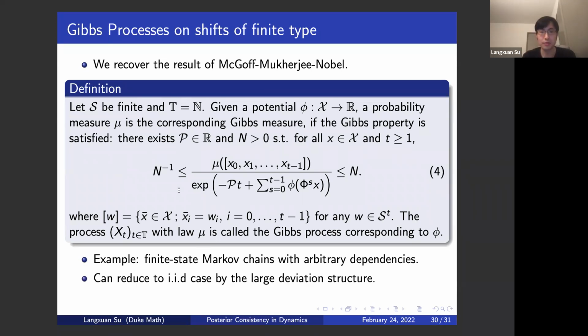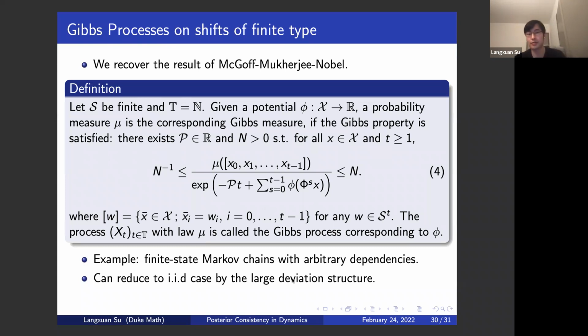So what we did in this case: in the previous case, for the hypermixing processes, we directly proved the large deviation principle by adapting the classical proof from large deviation theory. But in this case, we did not do that. We did not directly prove the large deviation principle, but we used the structure of the Gibbs measure by reducing it to an IID case.